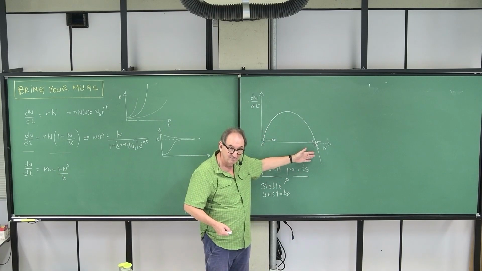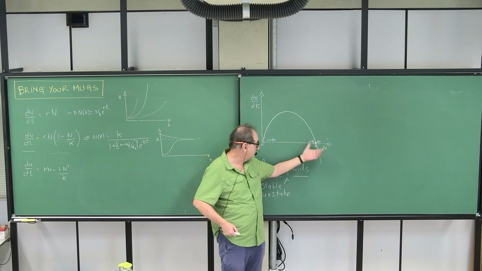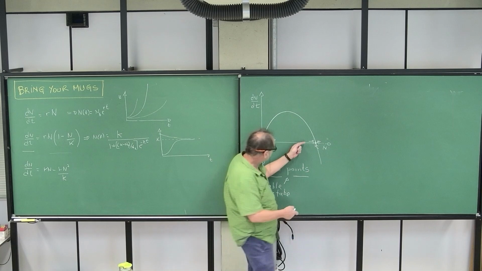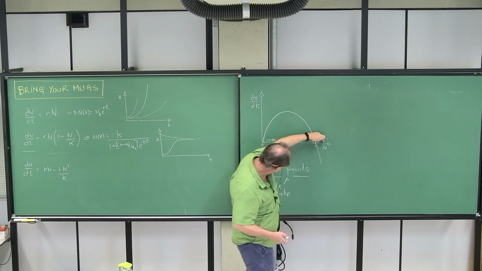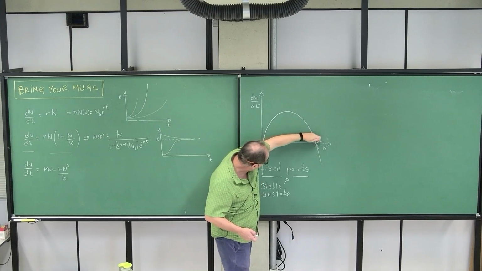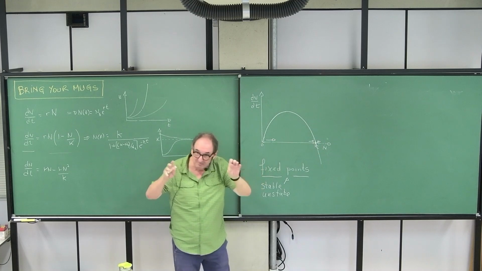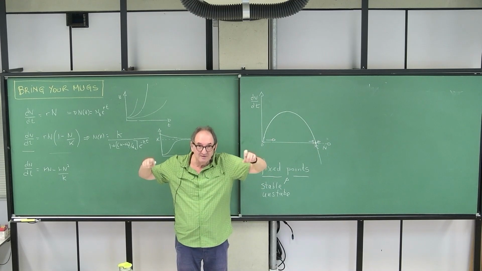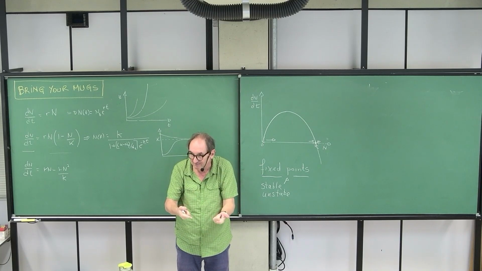Okay? And if you perturb k to the right or to the left, the function is such that the small perturbation will fade away and will go back to the value k. Okay?